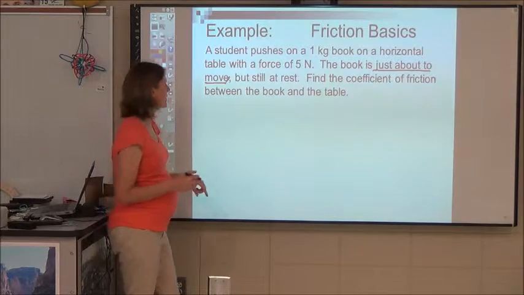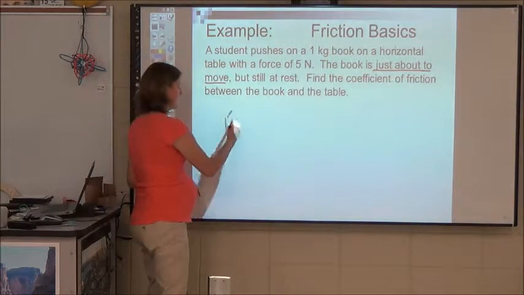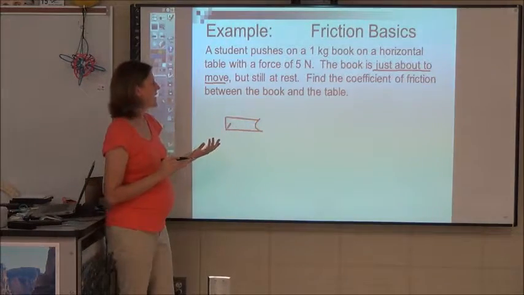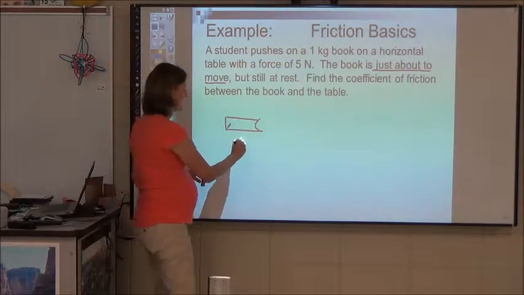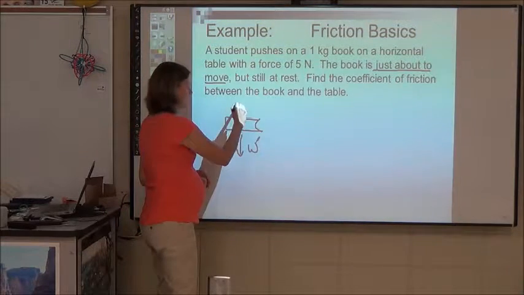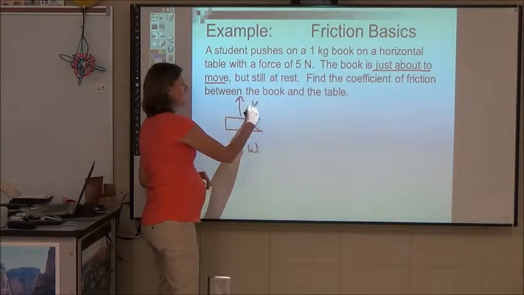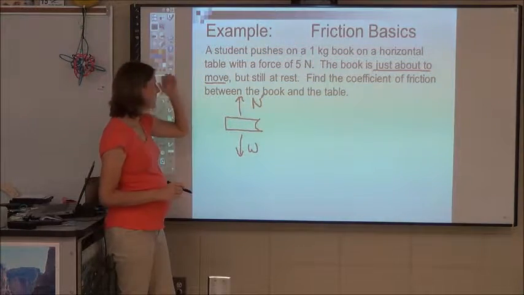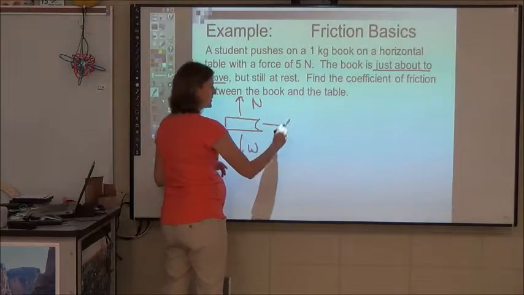So, book on a table, I'm just going to draw the book. Forces acting on it, obviously weight has to be there. Normal force is there from the table pushing back. We can say we have push force.